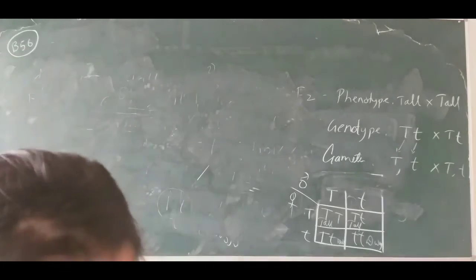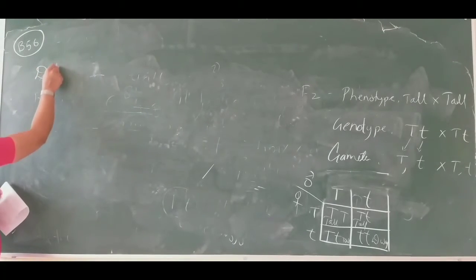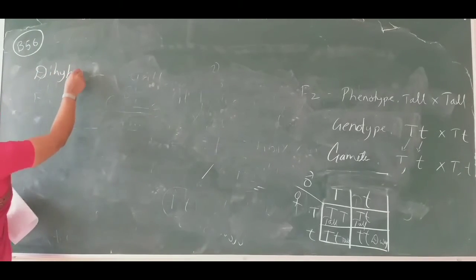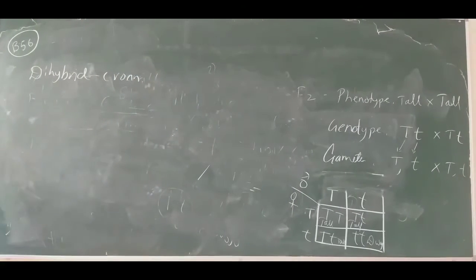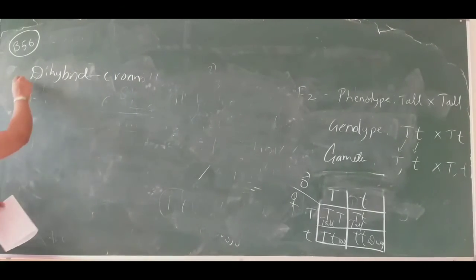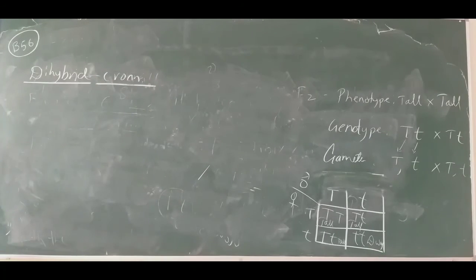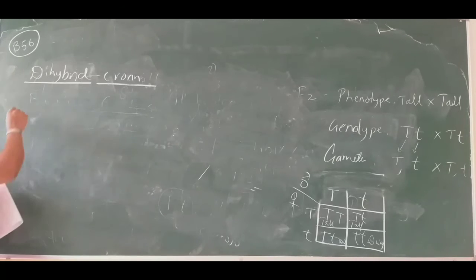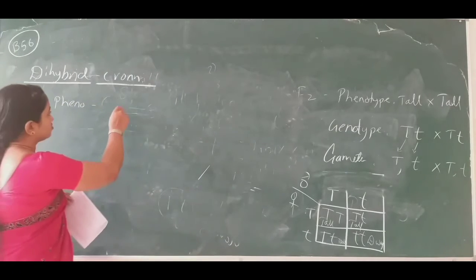The third question in the question paper is of dihybrid cross. Here you are supposed to write two contrasting characters in the F1 generation, that is the phenotype you took.